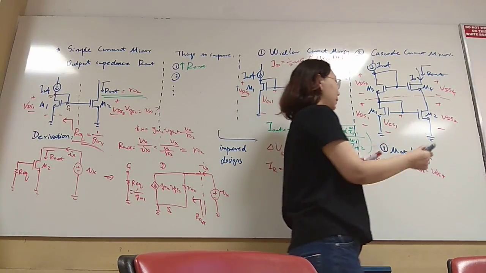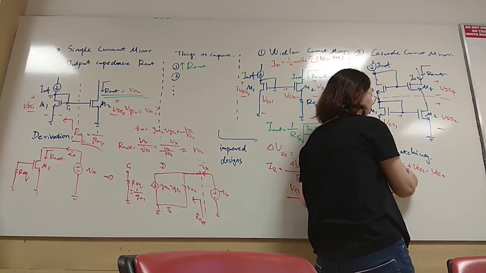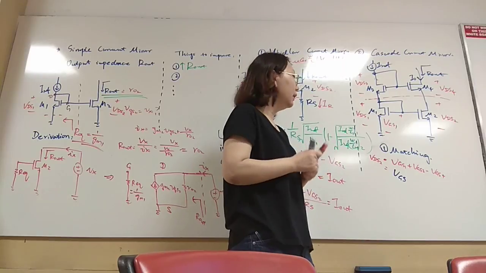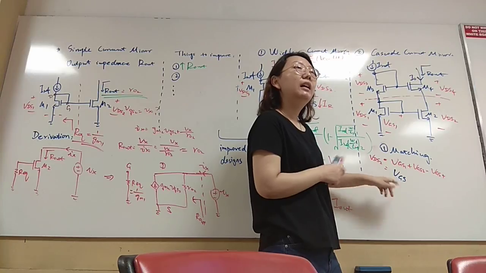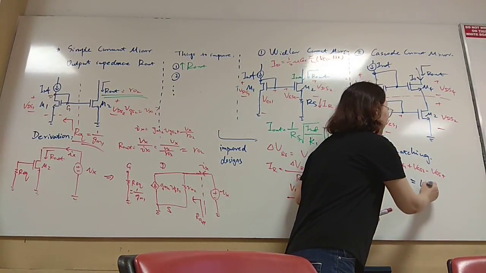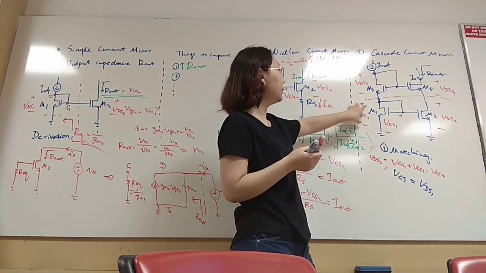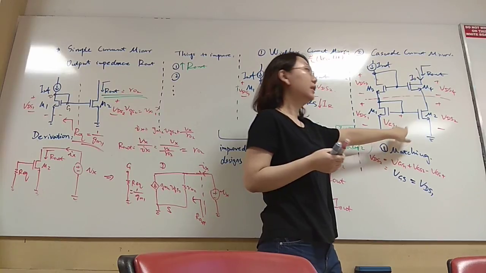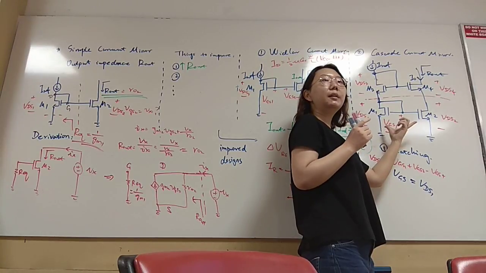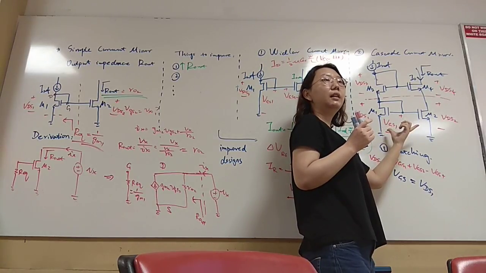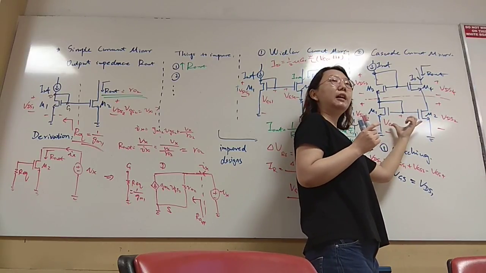So VGS plus VGS minus VGS, we get VGS. So my VGS2 is actually equal to VGS, and is equal to my VDS1, because my VDS1 equals VGS1 equals VGS. So you can see these two transistors have exactly the same condition for all their terminals. Their VGS are the same, their VDS are also the same. So these two are a perfect current mirror pair.